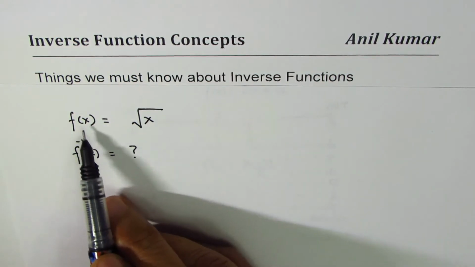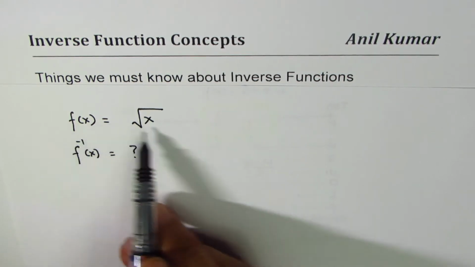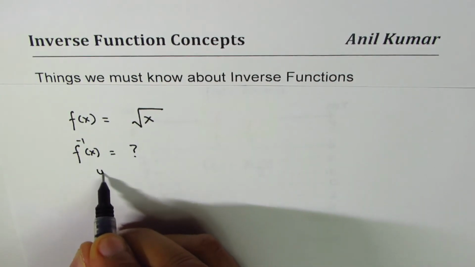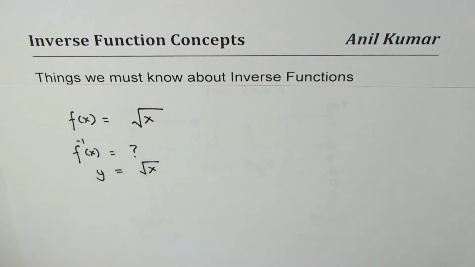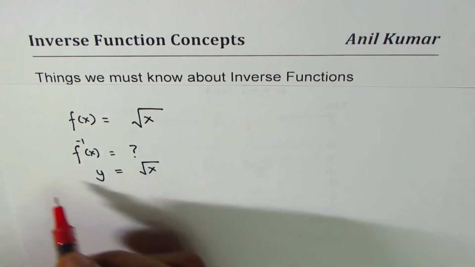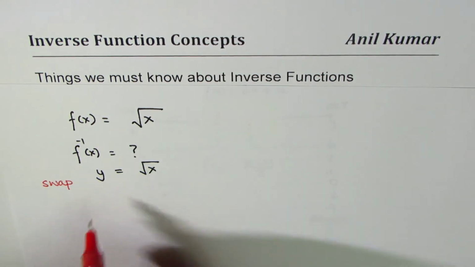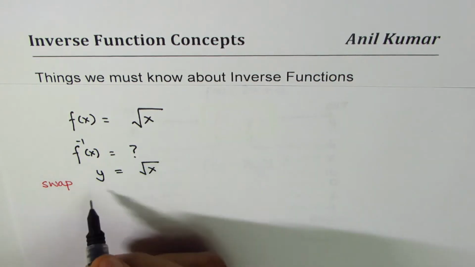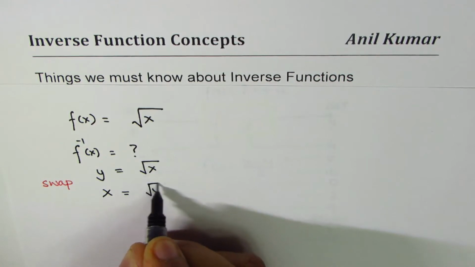Well, another algebraic method to find the inverse which you have learned is to swap x and y. So what we are given here is y equals square root of x. To find the inverse, we'll swap x and y. So we could write this as x equals square root of y.